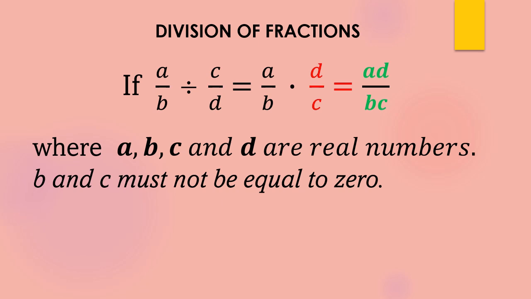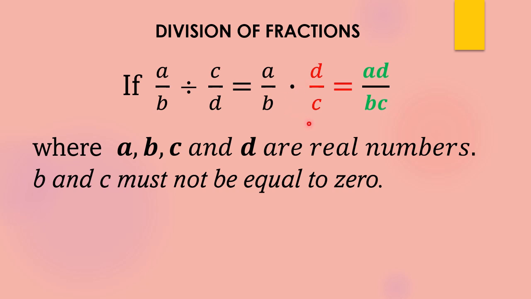Okay, so now let us talk about how to divide two fractions. So division of fractions. In dividing two fractions, the rule is if A over B and C over D represent two fractions, and you're going to divide these two fractions, you need to change the division symbol into multiplication symbol.